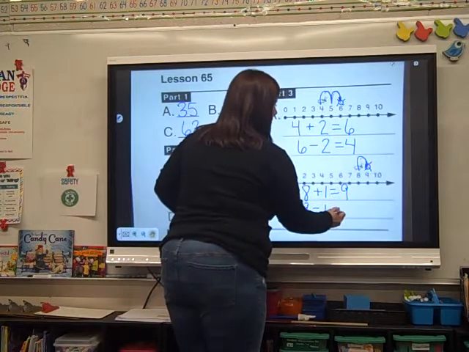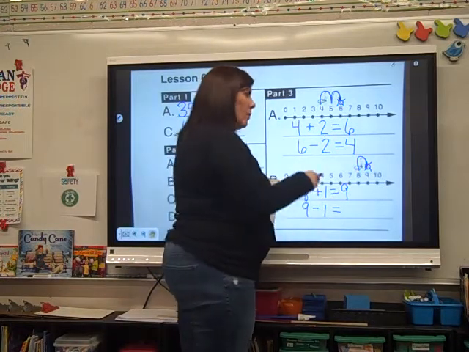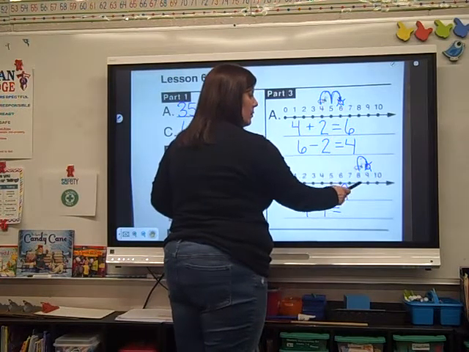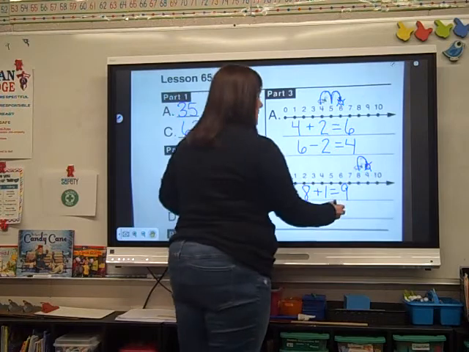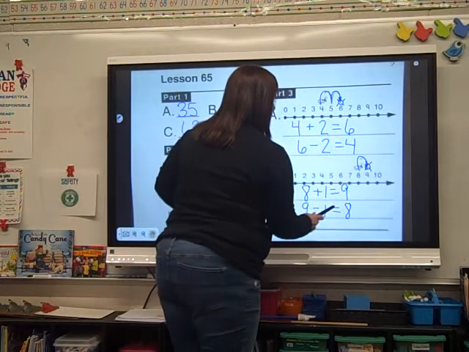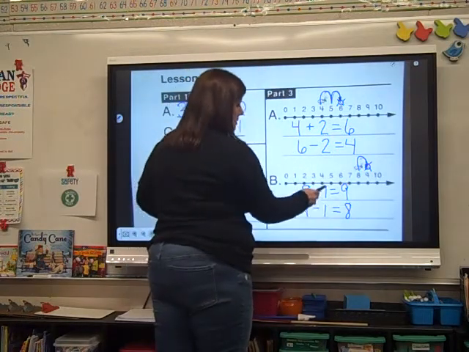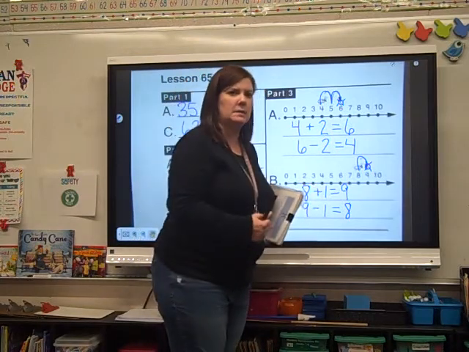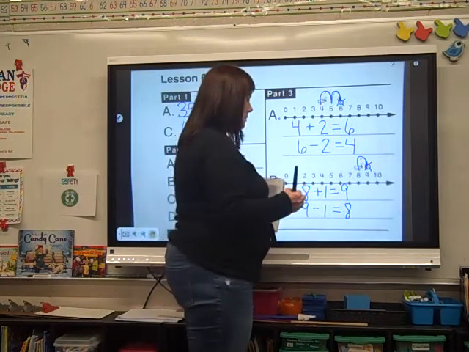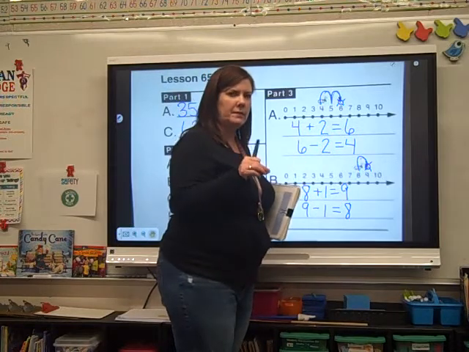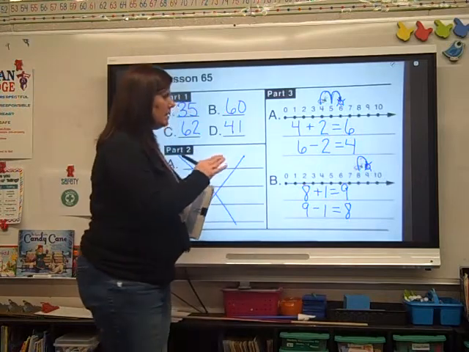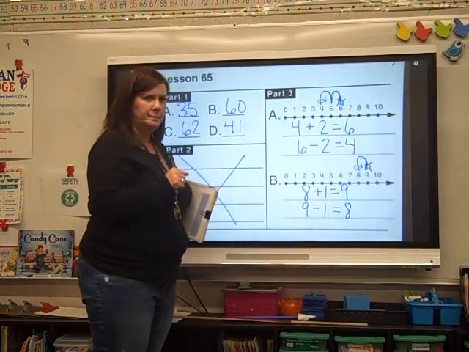Put your equal sign. Now, where did he land? He landed here, back where he was, right? He landed on 8. Now look, see, 8, 1, 9. Those are fact family facts, okay? Just like you do on reflex. All right, give you a second to catch up with me.